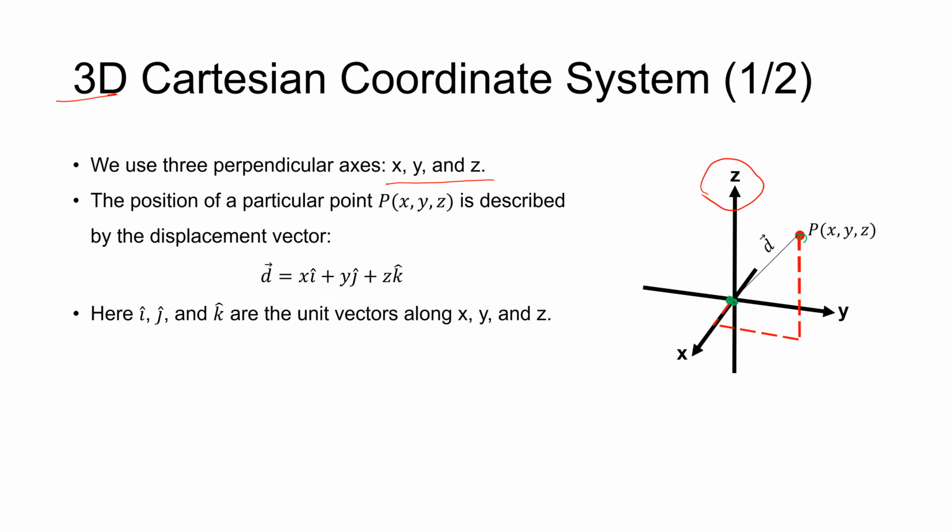We want to move to this point P, so we move in x first, for example, then we move in y, then we move in z until we reach the point. And we care most about the position, so the position vector will be the displacement in x, the displacement in y, and the displacement in z multiplied by the unit vector in each case.